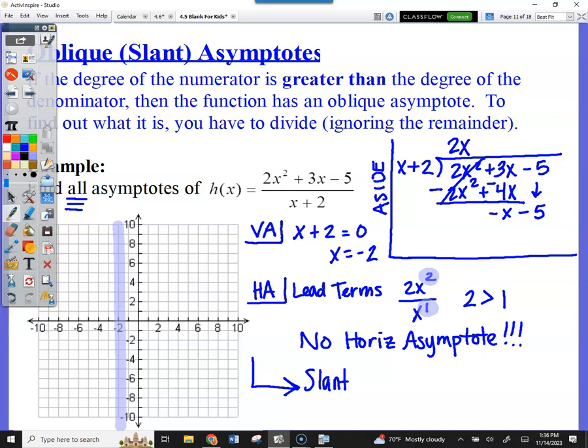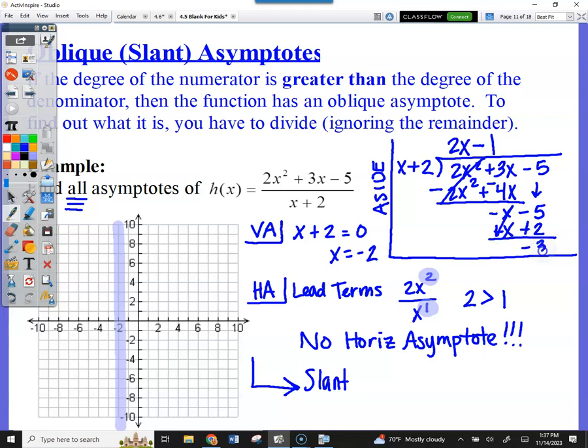Repeat. x times what gives me negative x? Negative 1. Multiply the negative 1 into the x plus 2. Negative x minus 2. And actually now that I remember, you don't even have to do this part, but I'm going to do it because it's the bottom. Draw the line, change the sign.